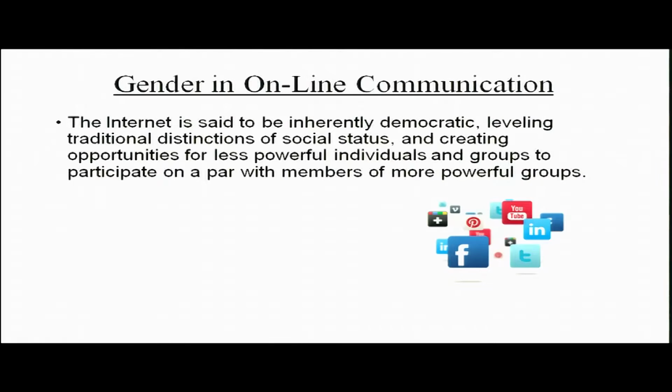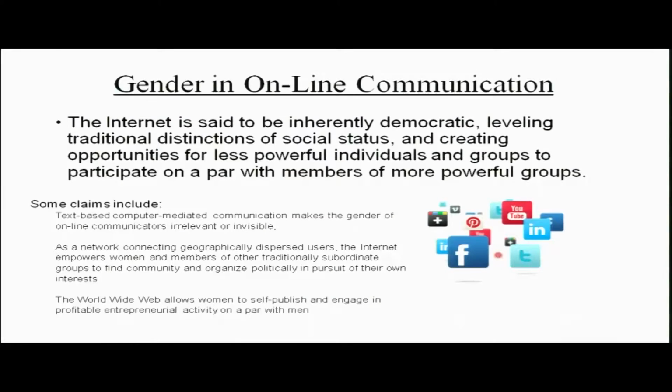So we do see that access to the internet has functioned quite democratically, and it levels out several of these distinctions between those who have less power versus those who have more power. So it has worked as a leveler, it has worked as a flattener.